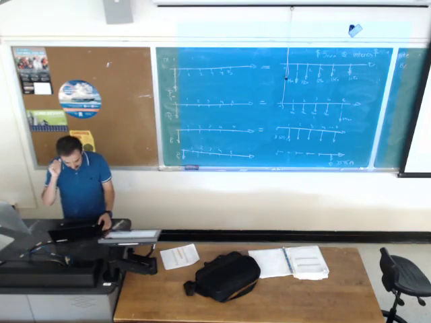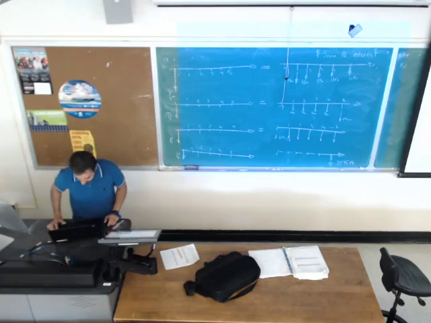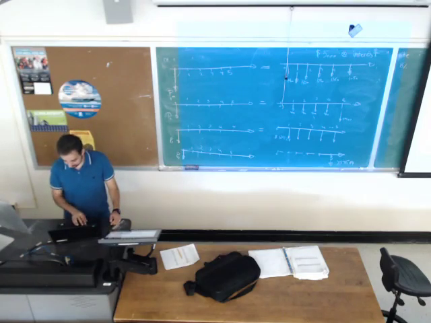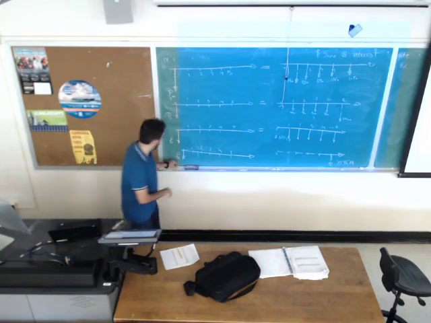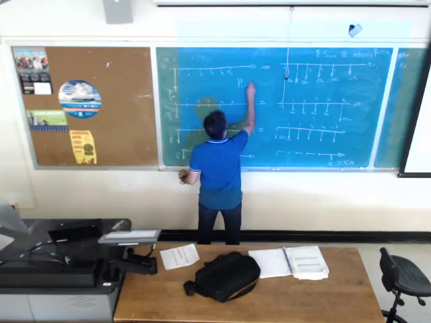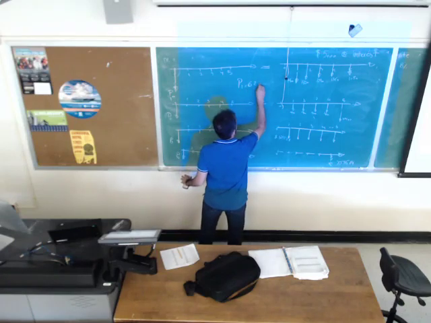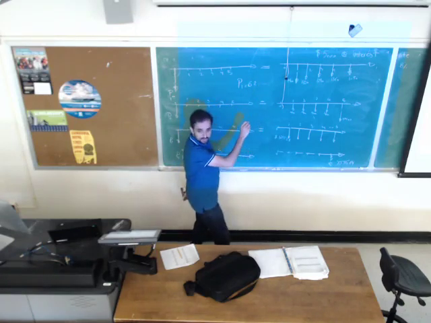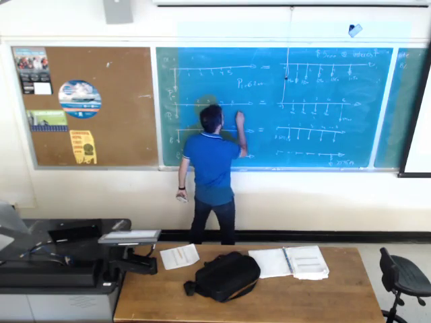Number 41. Would P1 be 6,200? P1 is 6,200. Yeah. Okay. P2, I think that's 7,000.